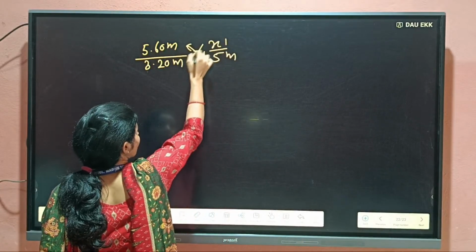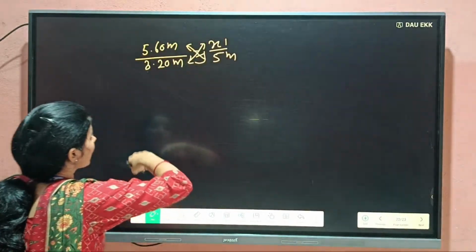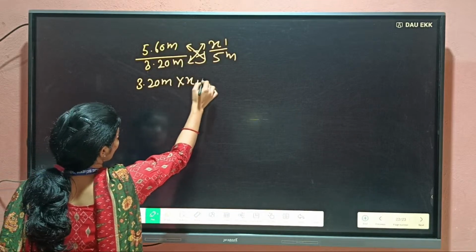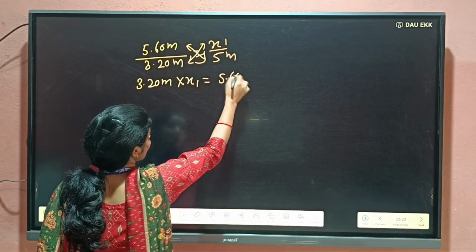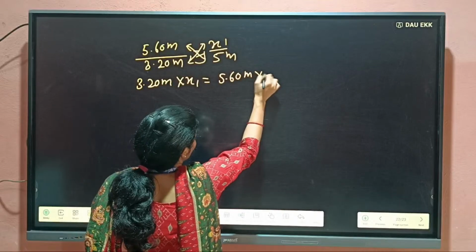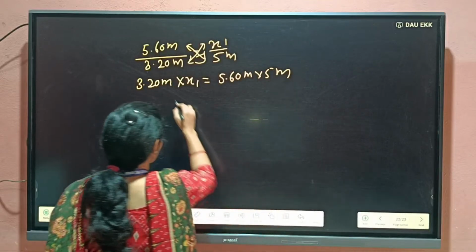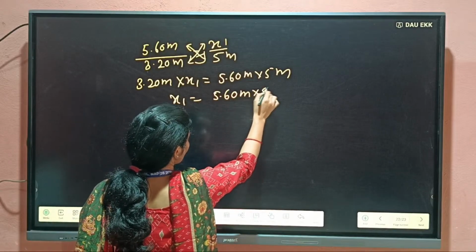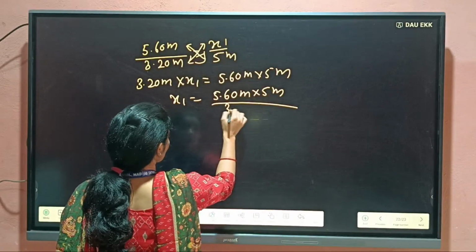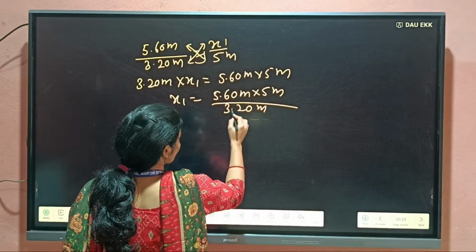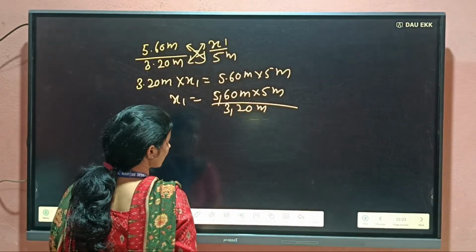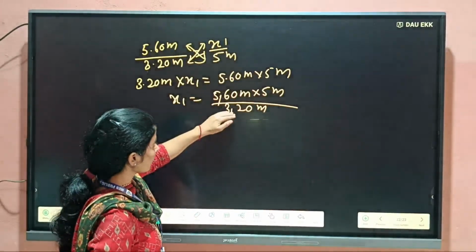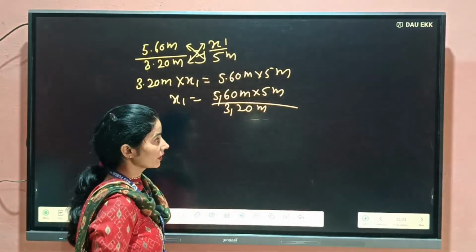Using cross multiplication, we have to find out this x1. 3.20 meter into x1 equals 5.6 meter into 5 meter. x1 equals 5.60 meter into 5 meter by 3.20 meter. For removing this decimal we will put 100 in denominator, and for removing this we will write it in numerator.